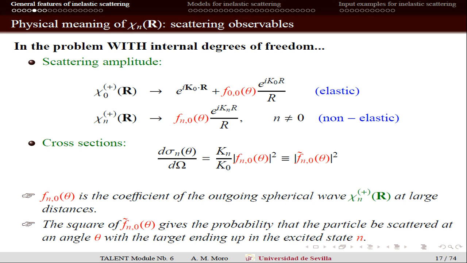And remember what Filomena said the first day, that we have to introduce some velocity factors to account properly for the flux. But it is convenient to introduce this f-twiddle that contains already these factors included in the definition. So we avoid writing all the time these velocity factors. Some books work with this f, some others work with this f-twiddle.